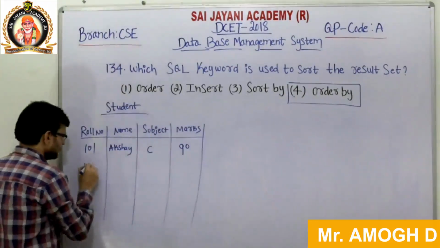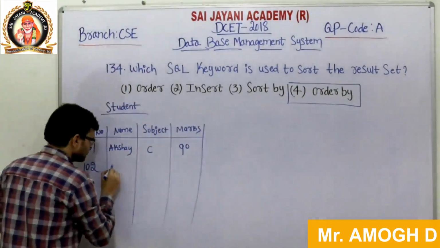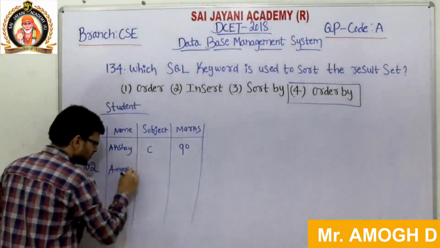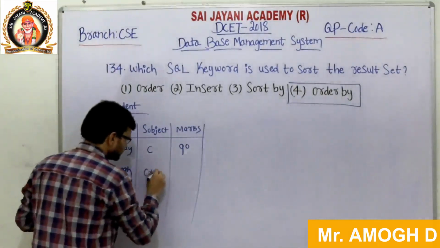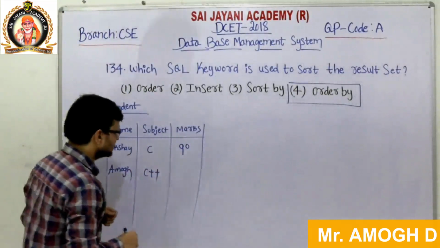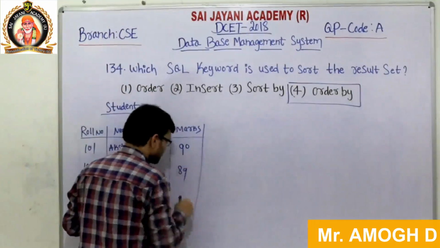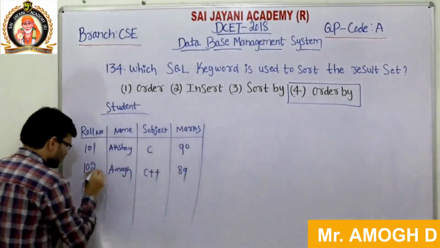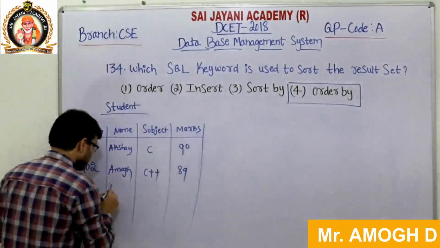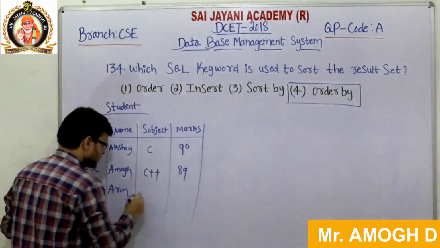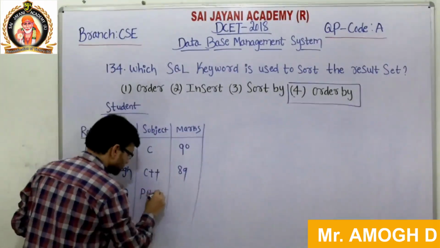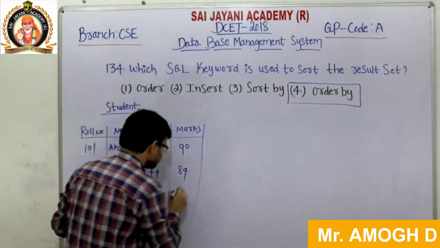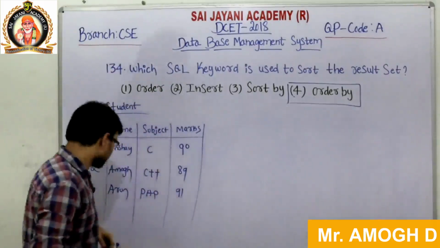Similarly, for roll number 102, the student name is Amok. He opted subject C++ and he got 89 marks out of 100. Similarly, roll number 103, name is Arun. He opted subject PHP. For that he got 91 out of 100.